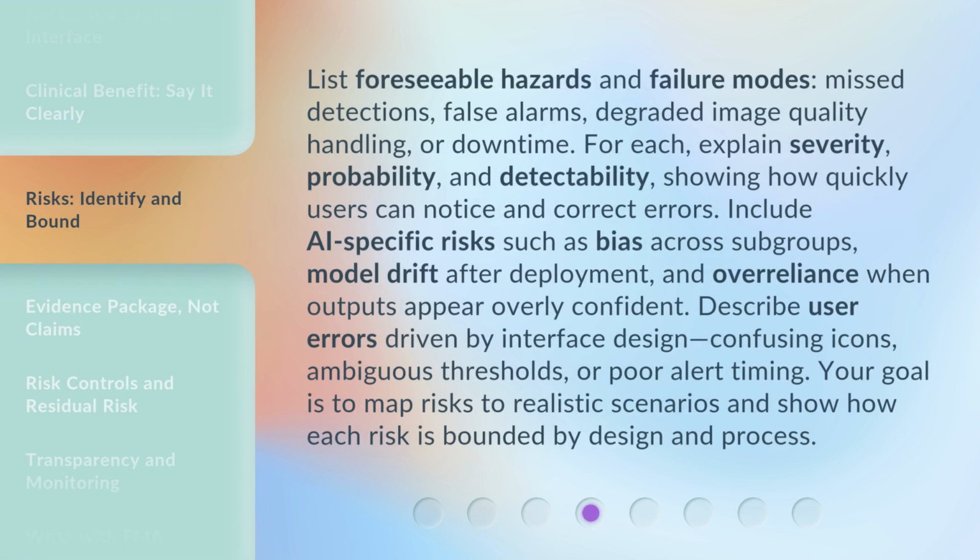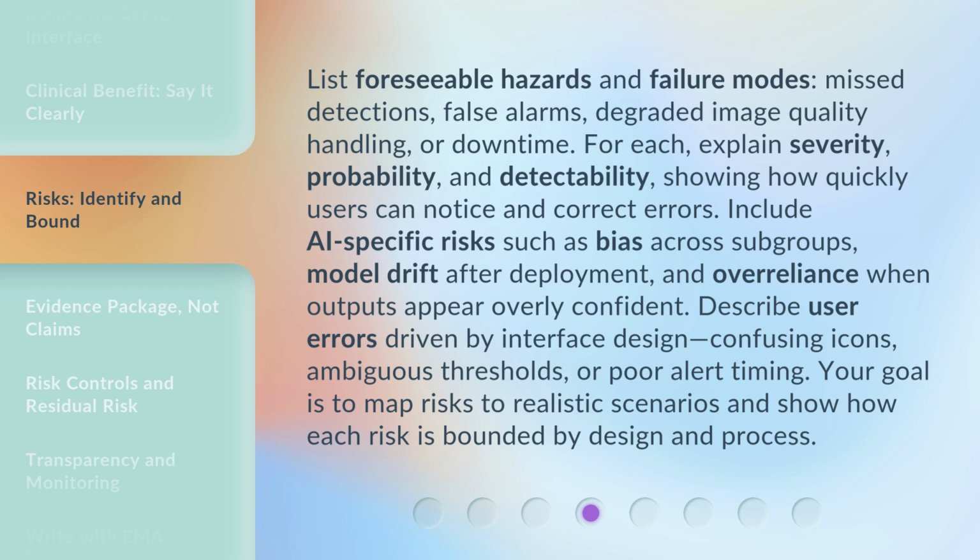List foreseeable hazards and failure modes: misdetections, false alarms, degraded image quality handling, or downtime. For each, explain severity, probability, and detectability, showing how quickly users can notice and correct errors.